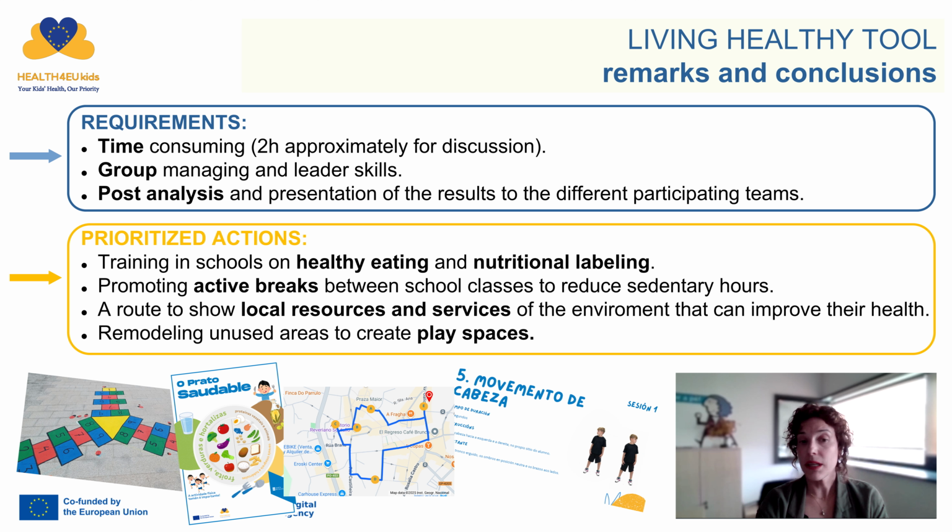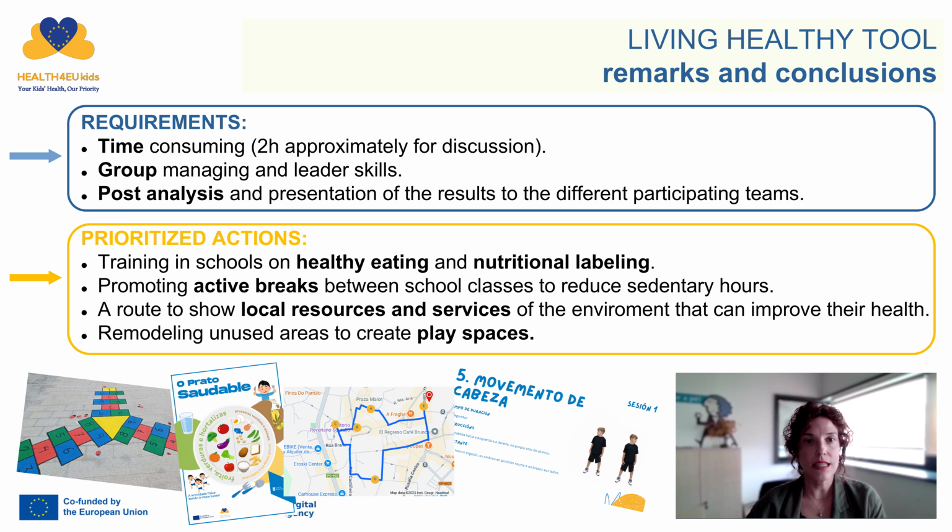And here you can see some examples that we developed regarding our area of intervention. As we saw that they agree on the unhealthy food environment, we trained in schools about healthy eating and nutritional labeling. We also noticed sedentary behavior, so we prioritized actions such as active breaks between school classes to reduce sedentary hours.